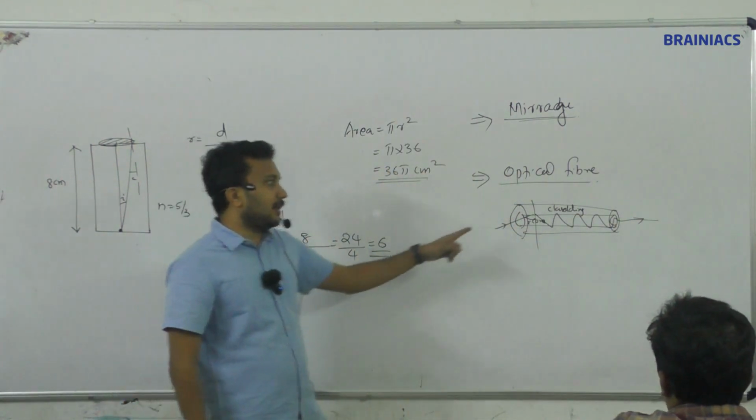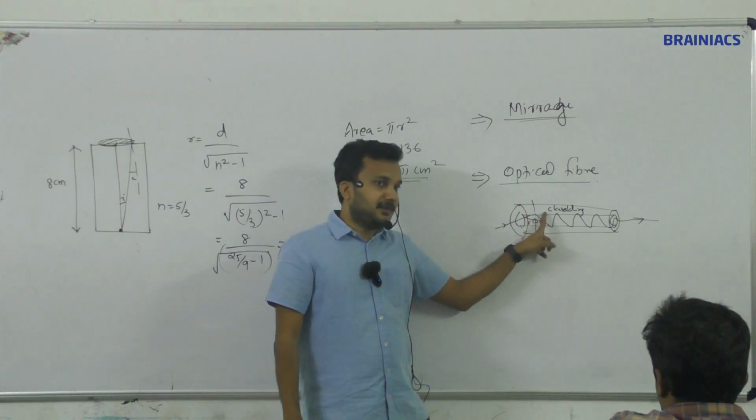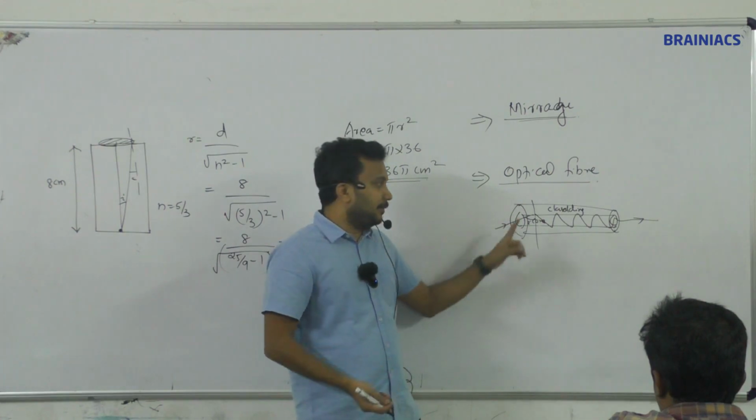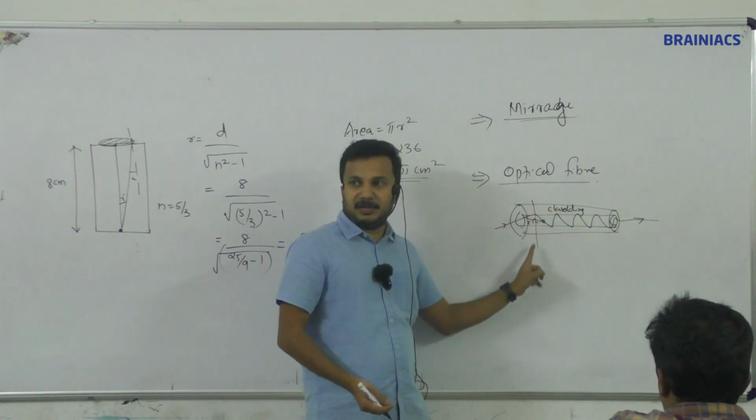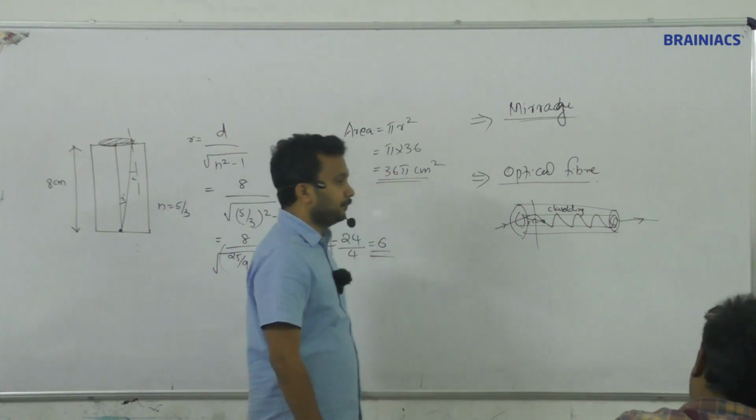Okay, in this, core and cladding: the refractive index of the core will be higher, and the refractive index of the cladding will be lesser. So the ray is moving from a denser medium to a rarer medium. That situation is created, so the ray will be passing like a wave.